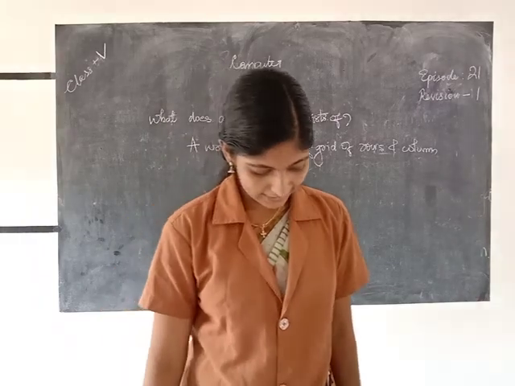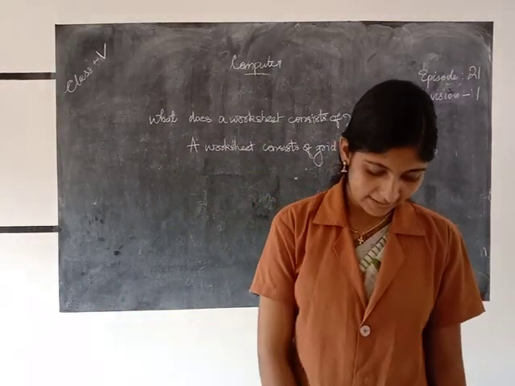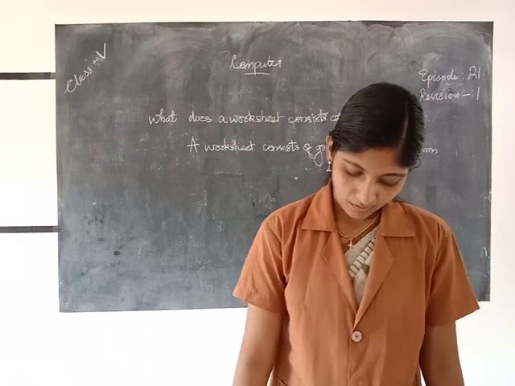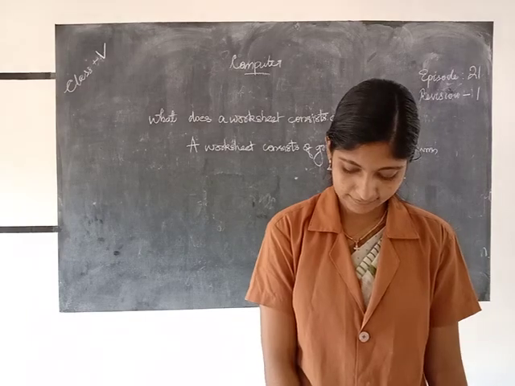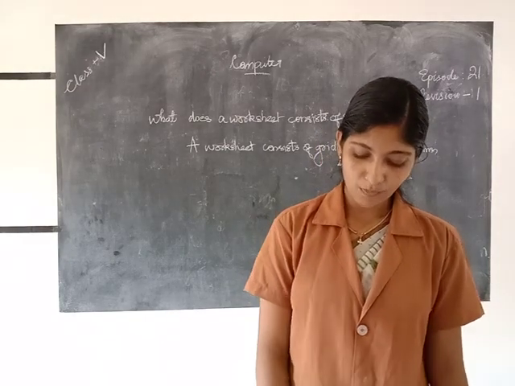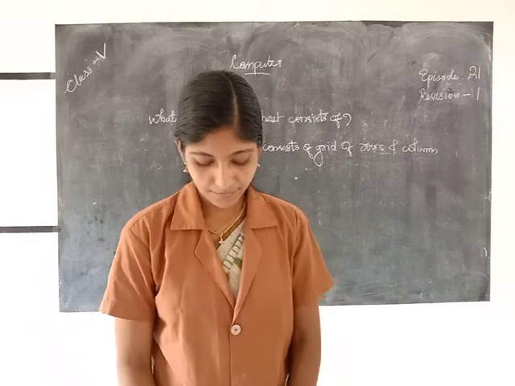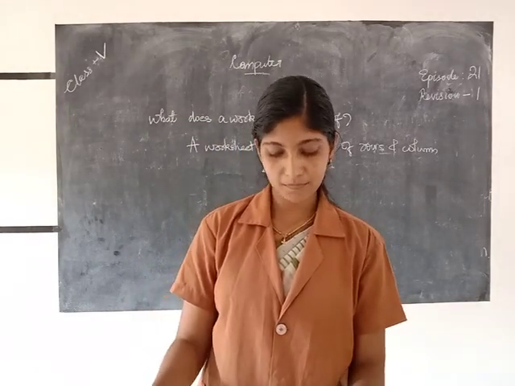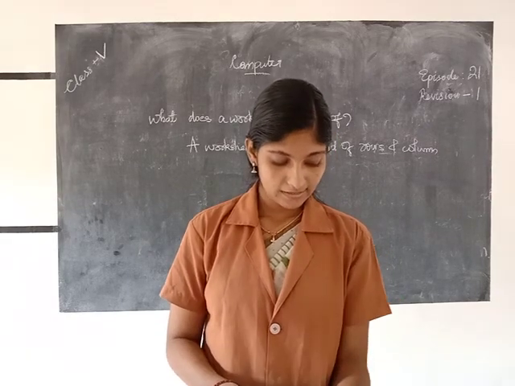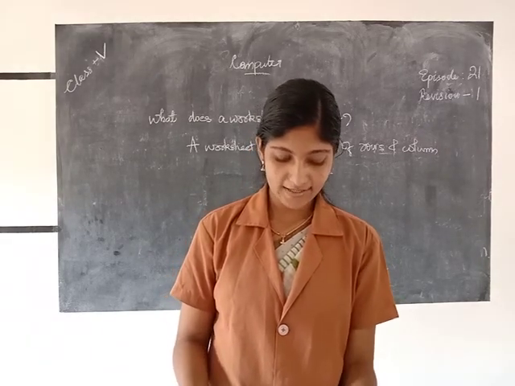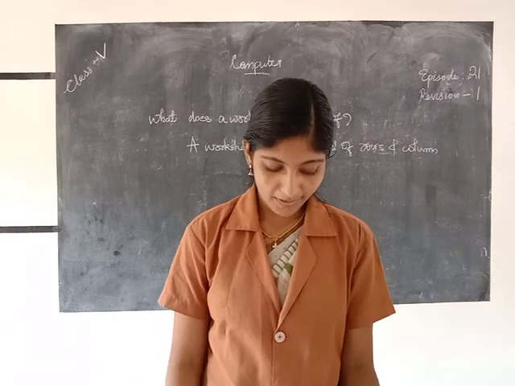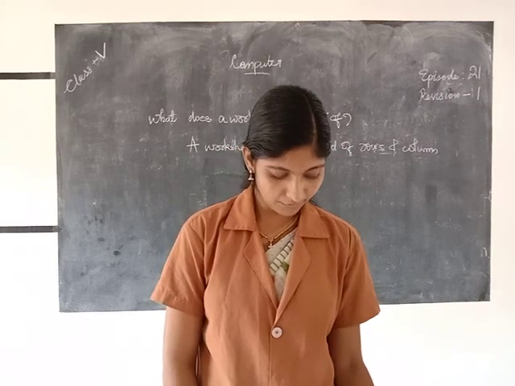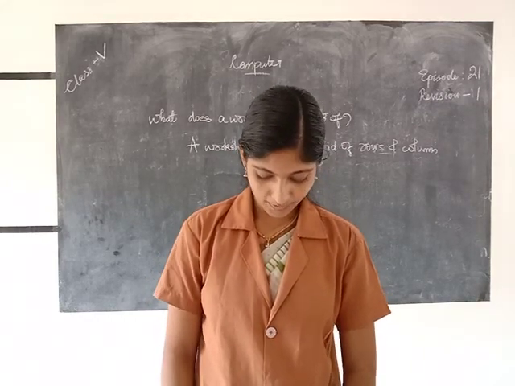Then next is how a cell address is formed, or what is a cell? A cell is formed by the intersection of row and column. A cell address is the combination of column address and row address.